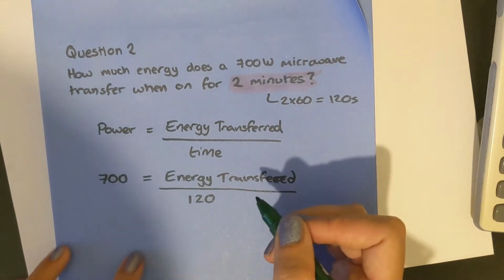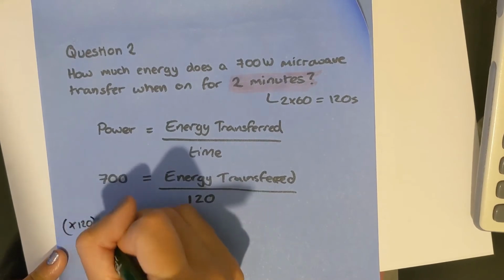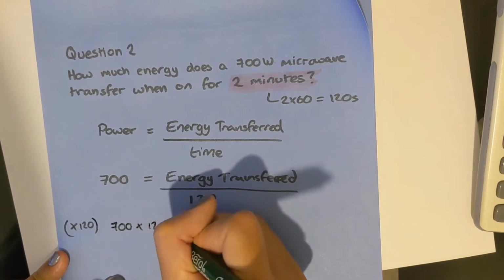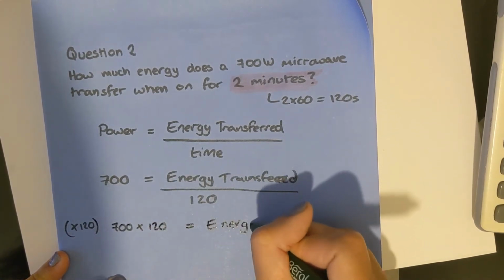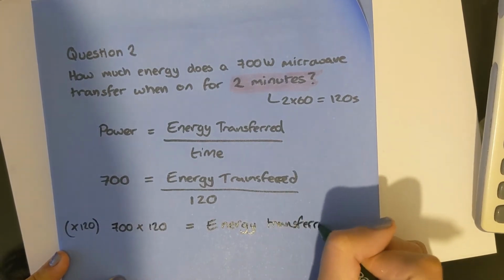So if I multiply both sides of the equation by 120, I get 700 times 120 equals my energy transferred. I'm then going to get the value I need.